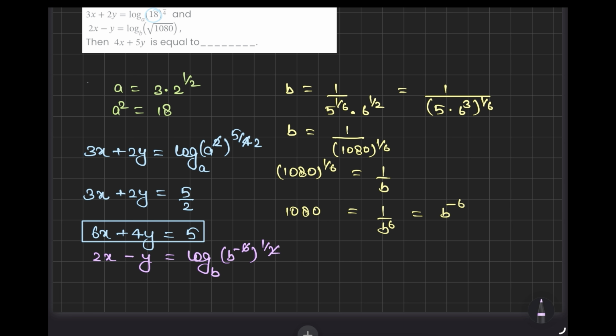So it is minus 3, and minus 3 will come as a coefficient: minus 3 log b base b. Done. Can I multiply both sides by 3? It will become 6x minus 3y equals minus 9. So we got both the equations. I hope till this part you are okay.